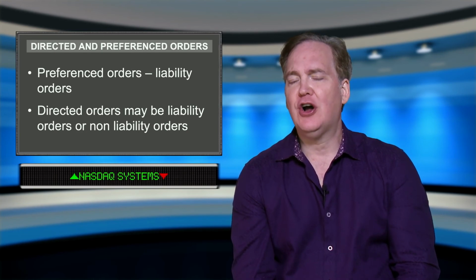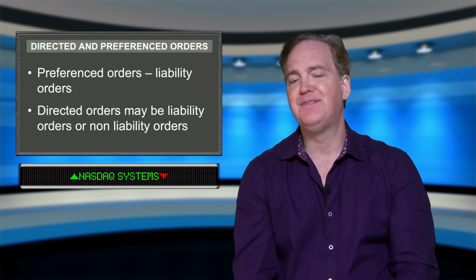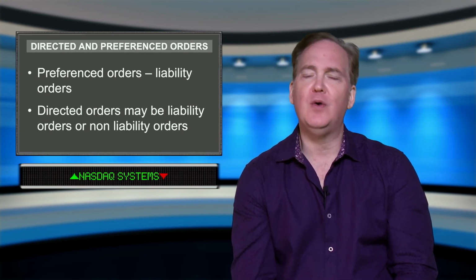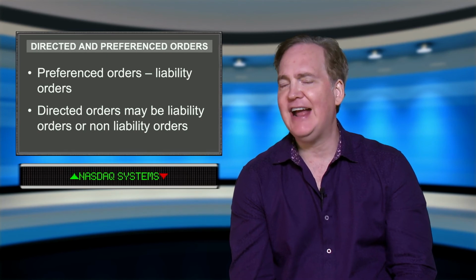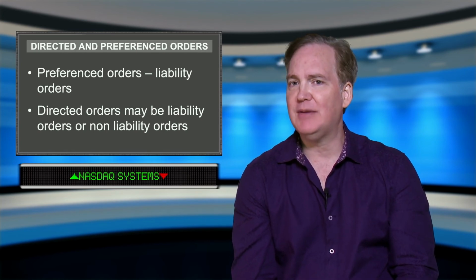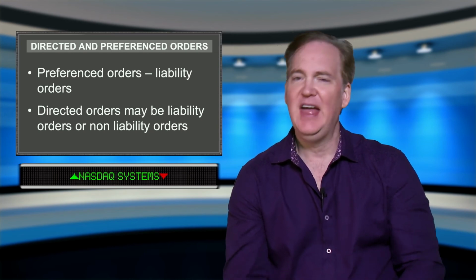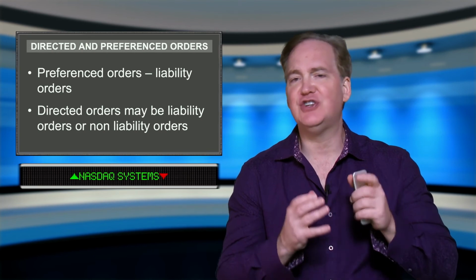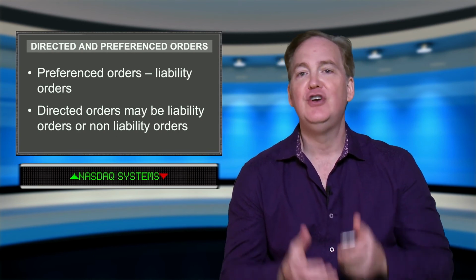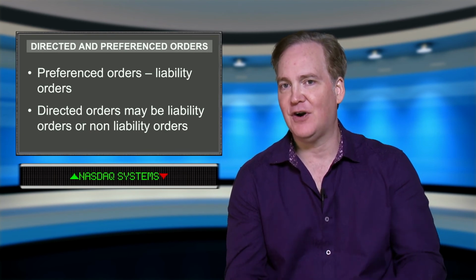Now, I want to talk about directed orders and preferenced orders. A preferenced order is one where the party entering the order into NASDAQ states which market maker they prefer to send their trade to. Now, if a person enters an order into NASDAQ, the NASDAQ system is going to route it to the best quote and whoever got there first.